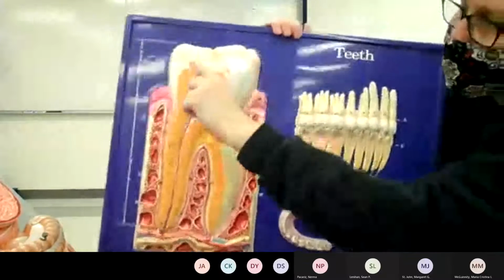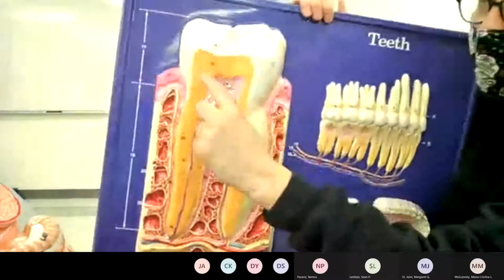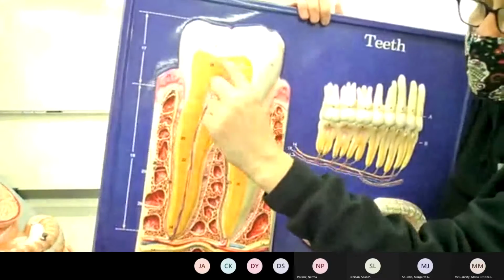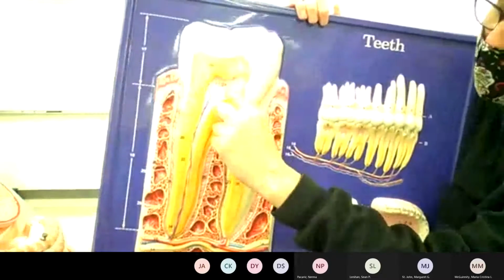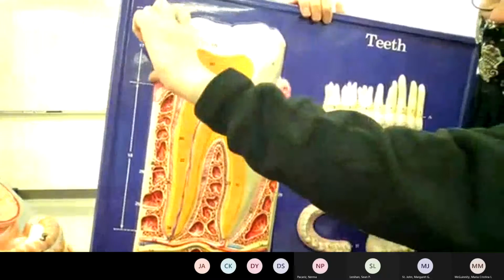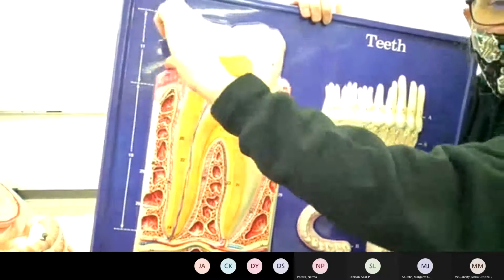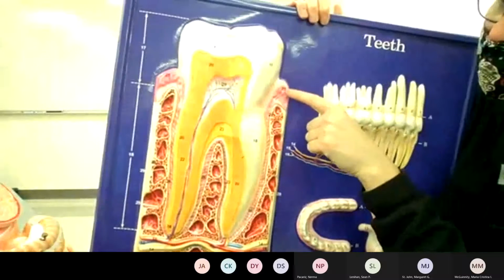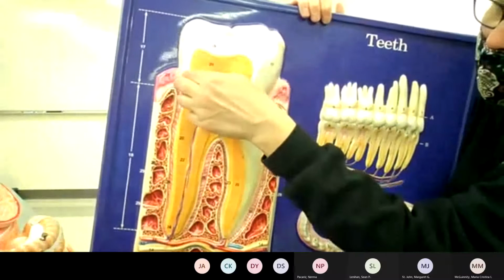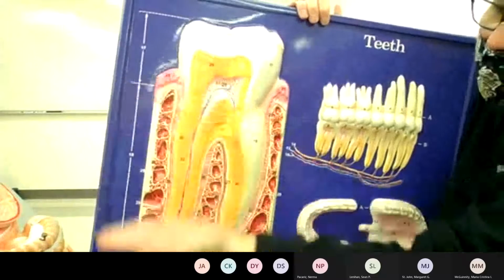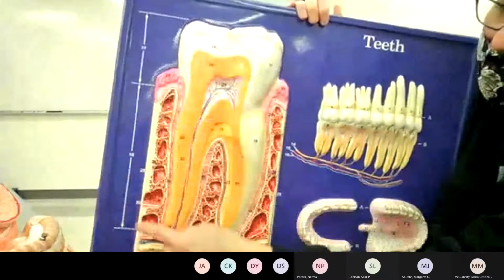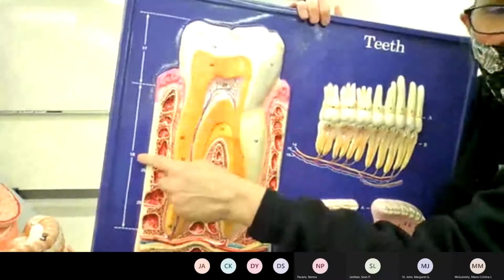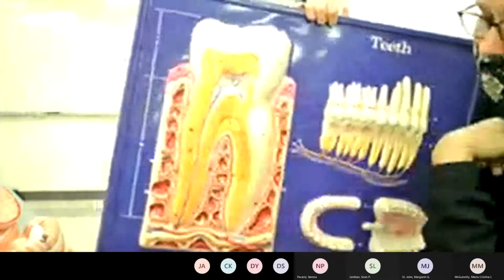Okay, so again, histologically, looking at the numbers, 19 is the enamel, 20 is the dentin, and 21 is the pulp cavity. If you're looking at features, the exposed part is number 17, that's the crown. 25 is the gingiva, so this little area here would be the neck, and then anything bone to bone would be considered the root, and there's 18 for that.